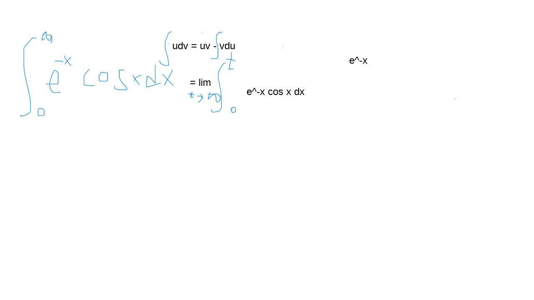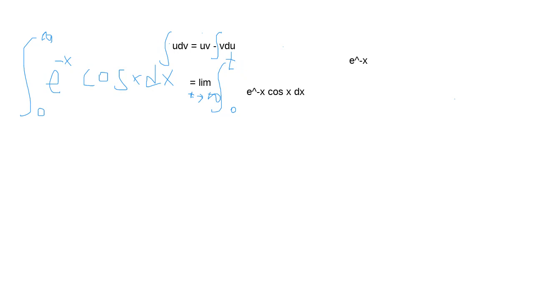So u to be e to the negative x dx, and dv to be cosine x dx. Okay, so first we have this.